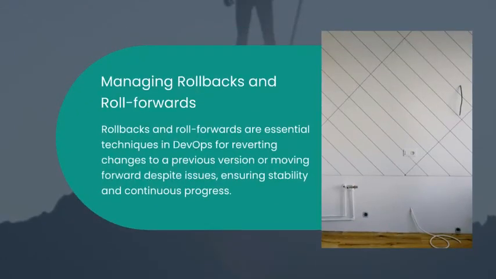Managing rollback and roll forward, in case you find that after making the changes you're not happy with them. Taking the example of blue green deployment, you make the rollback where all the new requests that went to the new green server are pushed or put back to your old blue server.